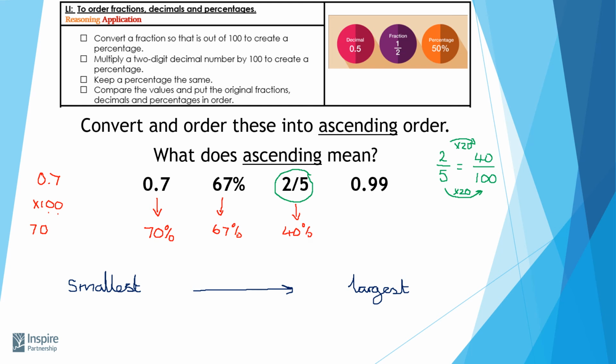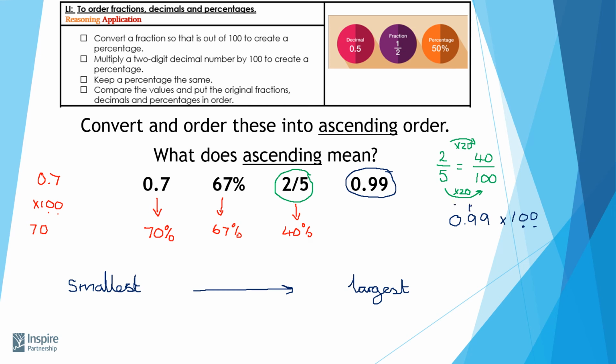And my final one here is this 99. Oh, sorry, 0.99, I should say. Now, remember what we've just done on the last screen. So if I've got a decimal number, 0.99, I need to multiply that by 100. Now again, I've got 2 zeros on there, which means that the digits in 0.99 are going to move 2 place values to the left. So this one at the moment is in my tenths column.